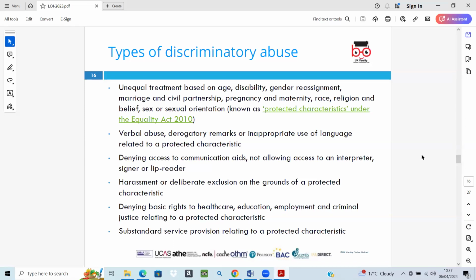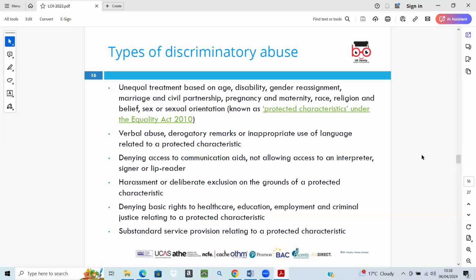And for example, a few of the regulations have updated versions. Whenever you are doing your assignment, make sure that you check the latest or updated version of the act or the law. Previously we used to follow the Health and Social Care Act. Now we have the Health and Care Act, which was updated in 2022.